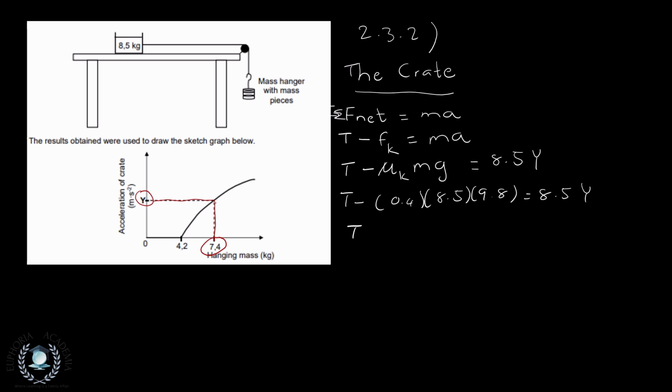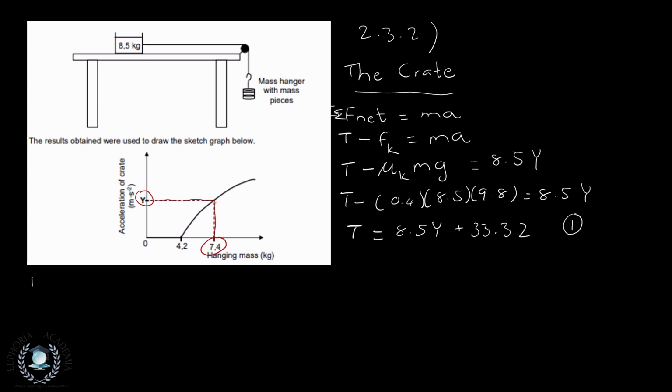Let's move everything to the right hand side that we can compute, and leave T on the left hand side alone. So our T is going to be equal to 8.5y plus, what is the product of all those things? That's going to give us 33.32. All right, we can call that our equation 1.